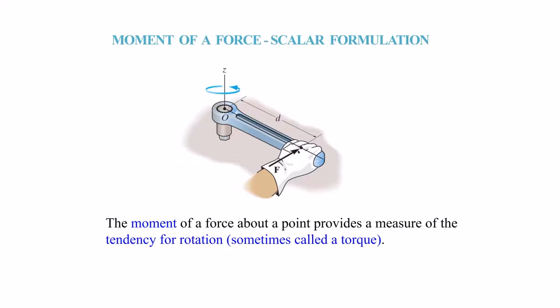If it wasn't at 90 degrees, you'd have to break it up into two components, a component perpendicular to the center line of the wrench, and it would be that perpendicular component times that distance. It's also called the torque.